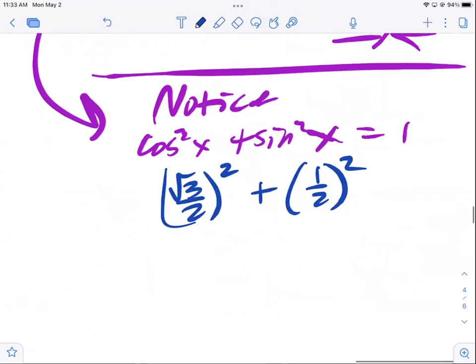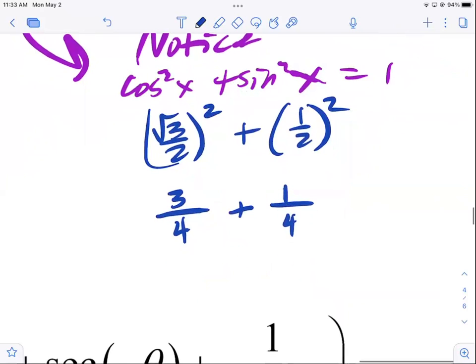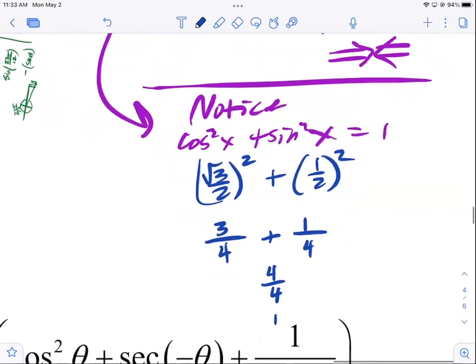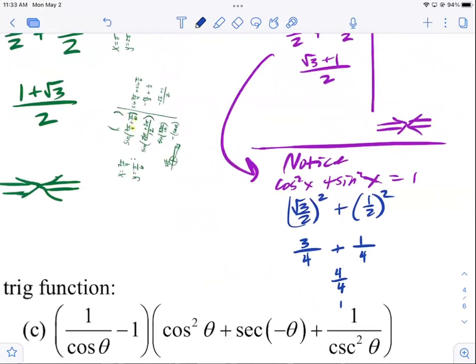And let's see what that gives me now. That gives me the square root of 3 squared, which is 3, over 2 squared, which is 4, plus 1 squared is 1, and 2 squared is 4. And so 3 plus 1, I get 4 over 4, which is what? That is 1. So I would have verified the Pythagorean identity. Notice how important the squaring is to that, in order for that to equal 1.